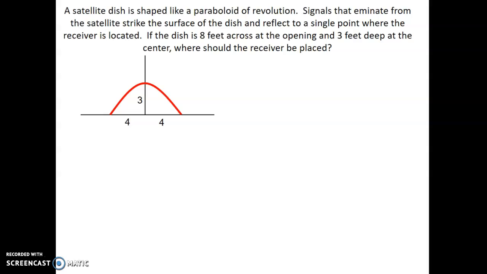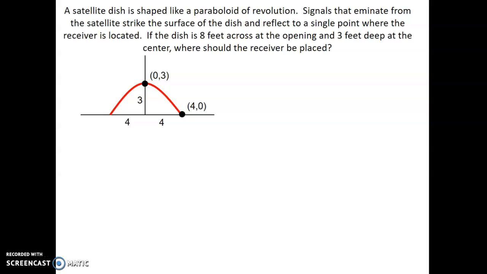What we can start to do is put points down for these pieces of our parabola. We have this point here on the y-axis, which means the coordinates for that point are 0, 3. We're just going to use the one point on the right-hand side of our parabola, and that point is on the x-axis, so it is 4, 0.